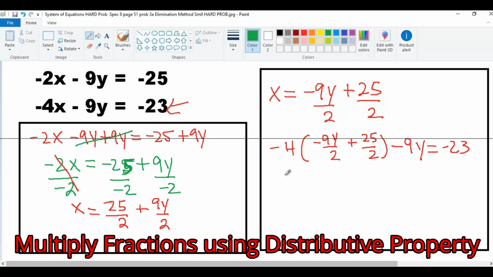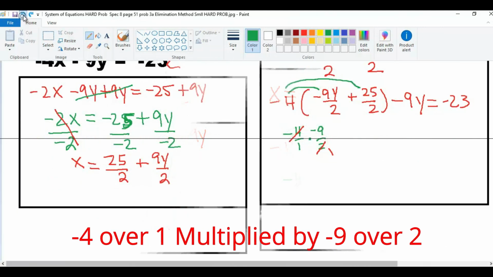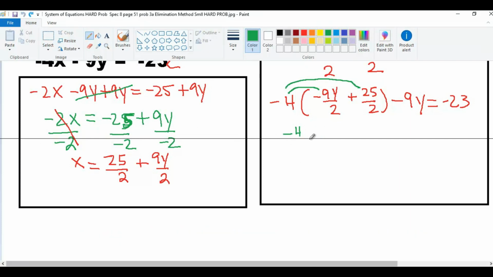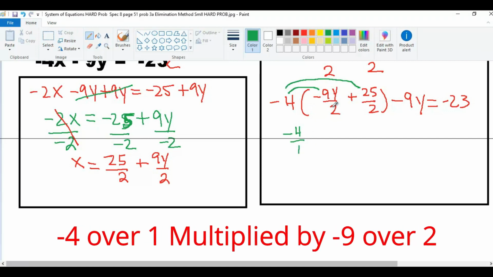We're going to multiply through with the distributive property this fraction, and then do the same thing with negative 4 for that fraction. Remember, for this 4, in order to make it a fraction, we've got to put a 1 underneath. So we write this as a fraction, negative 4 over 1, and we're going to multiply that by negative 9 over 2.